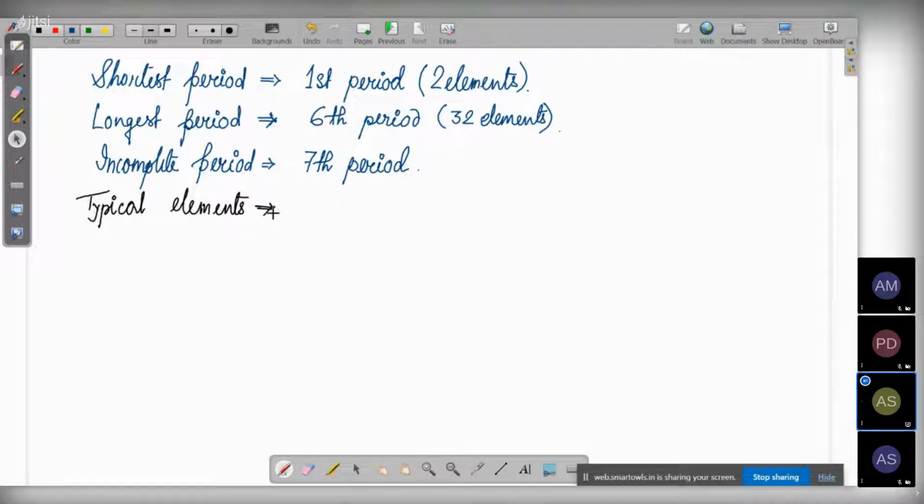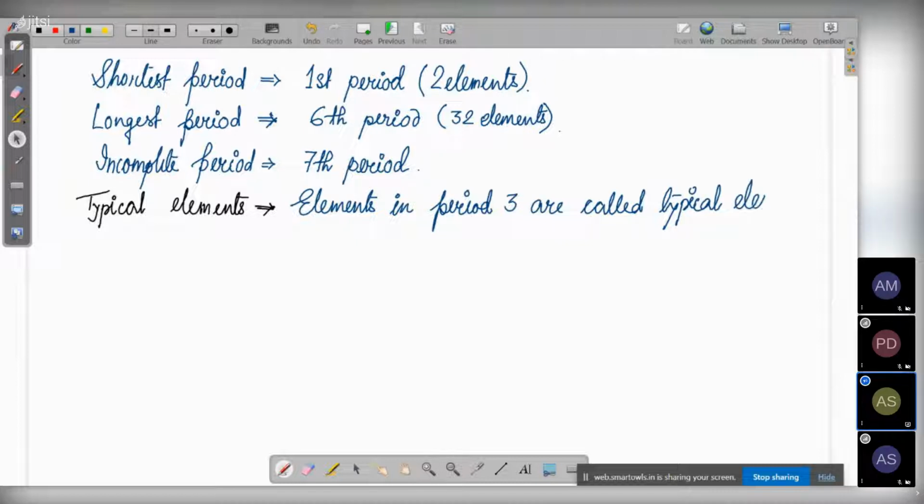So the elements that are present in period 3 are called typical elements.